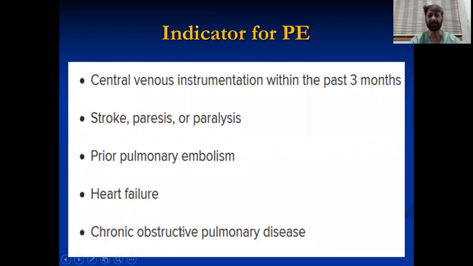These are the features: central venous instrumentation, stroke, paralysis, prior pulmonary embolism, heart failure, chronic obstructive pulmonary disease. So if there is tachypnea on a background of these things and without any clear-cut signs of any other organic disease for those symptoms, think of pulmonary embolism.